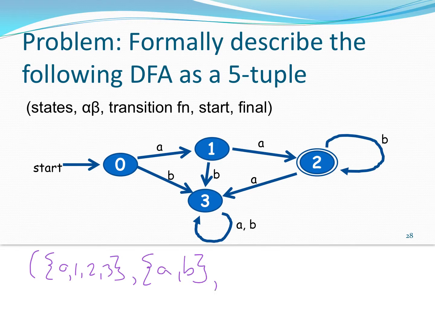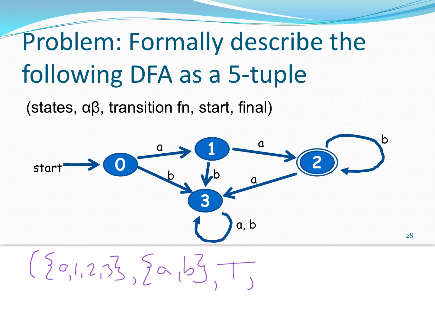Next, we're going to have the state transition function. Whenever I do this, I'm just going to put a big T, and we'll figure out that transition function in a minute. Next up, we need to say, what is the start state? No braces here because this is a singleton state.